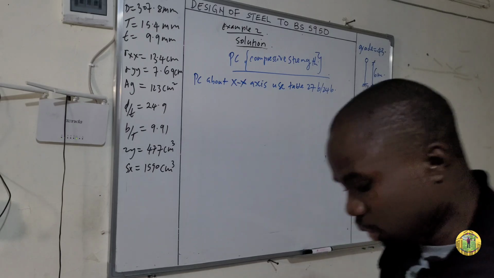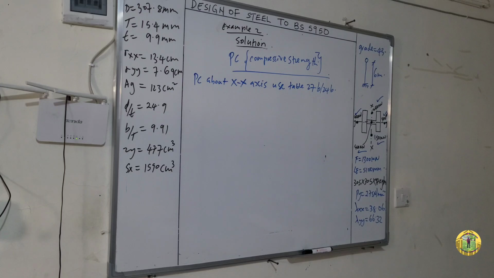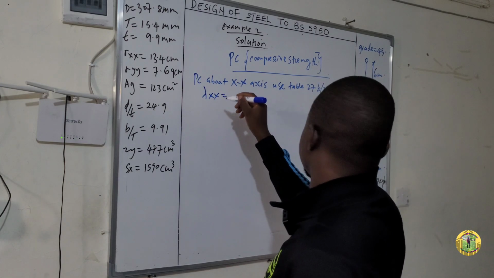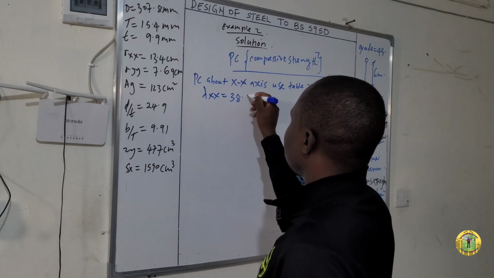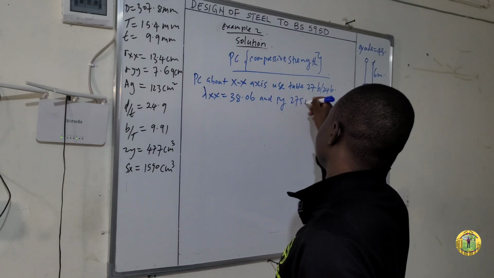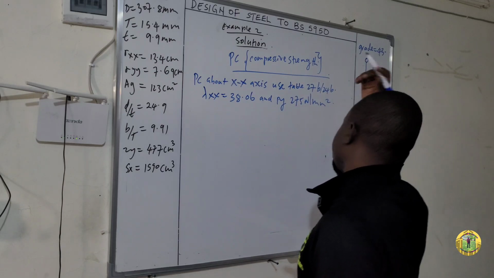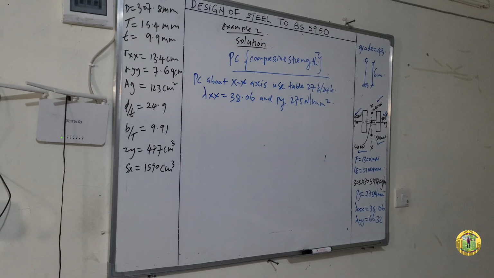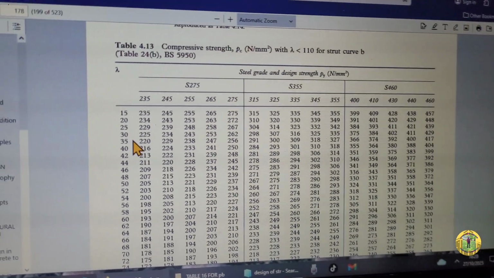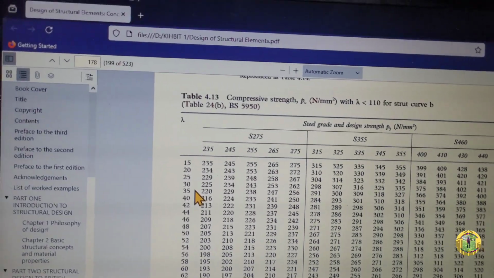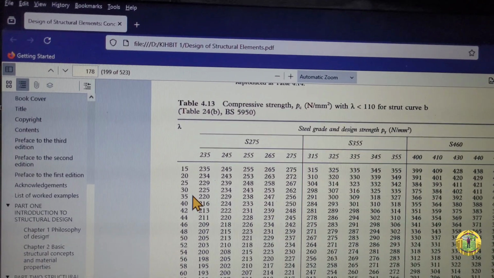So let's go to the table, and for you to enter this table, you will need the slenderness ratio for the XX axis, which is 38.06, and PY, which is 275 Newton per millimeter square. So let me take you to the table very fast. This is the table. As you can see, our value is 38.06.